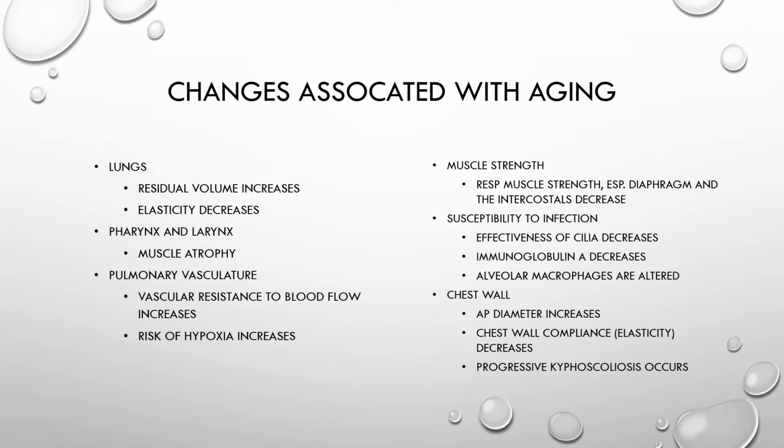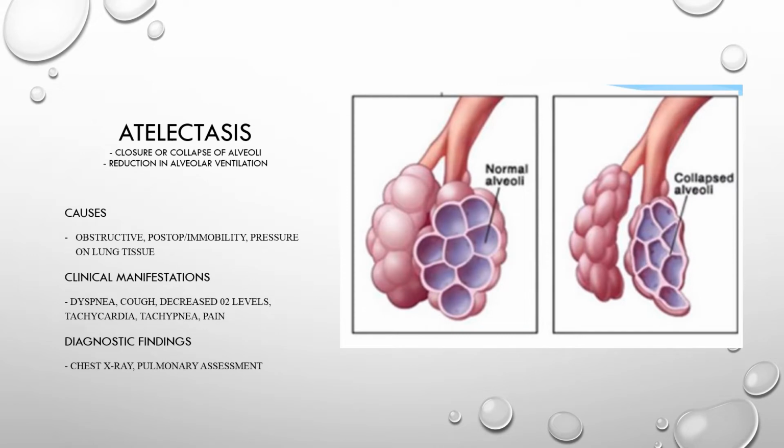This decrease in strength also decreases the cough reflex and the ability of the lungs to fully expand, putting the individual at risk for things such as atelectasis or respiratory infections. What ends up happening when somebody has atelectasis is they have collapsed alveoli in their lung fields. These collapsed alveoli lead to a reduction in alveolar ventilation.